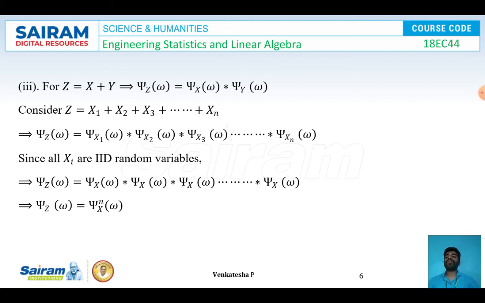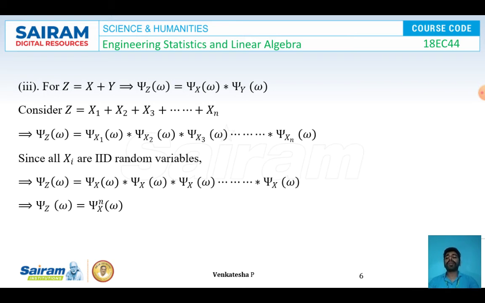So now I am going to prove the characteristic property. We have the formula z is equal to x plus y, which implies the characteristic function of z is equal to the characteristic function of x into the characteristic function of y. That is, xi z of omega is equal to xi x of omega into xi y of omega. This formula we got from the sum of two independent random variables concept. So now I am going to take the sum of IID random variables, that is z is equal to x1 plus x2 plus x3 plus etc plus xn.